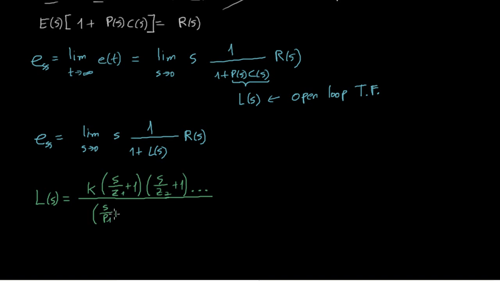I'm writing it in the standard form. Okay, what poles and zeros are these? The poles and zeros of both the plant and the controller. And K here is just the gain of the controller times the gain of the plant.